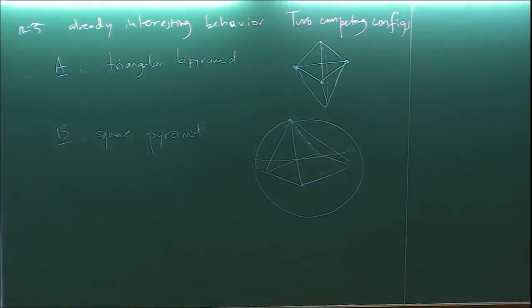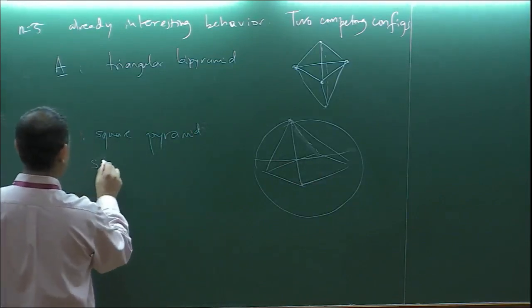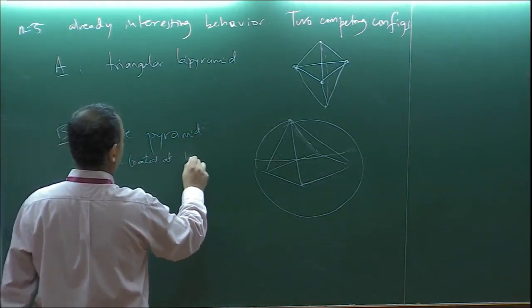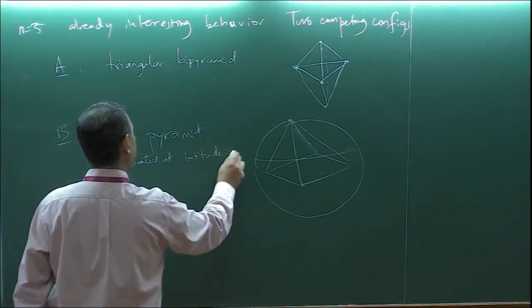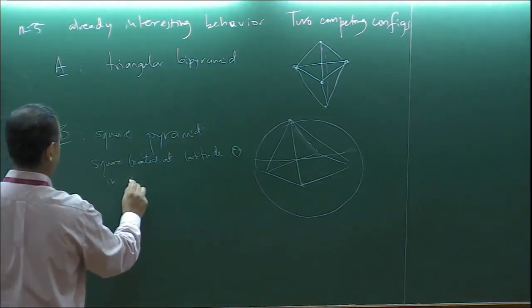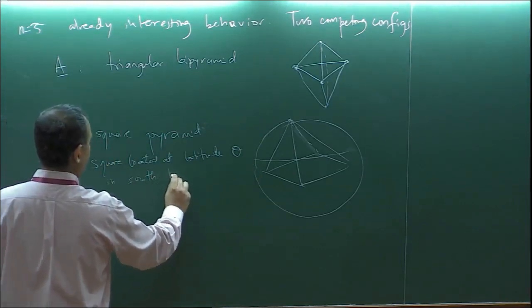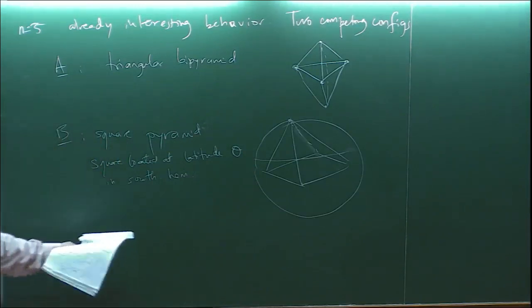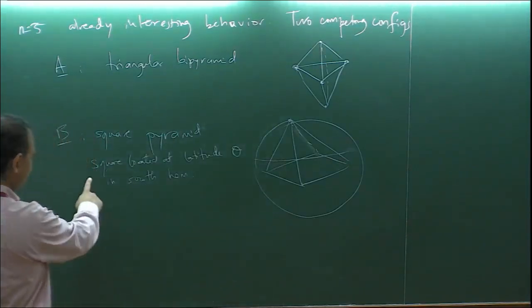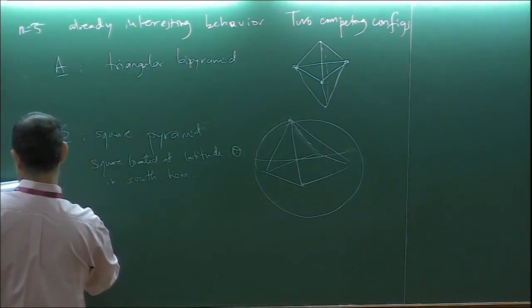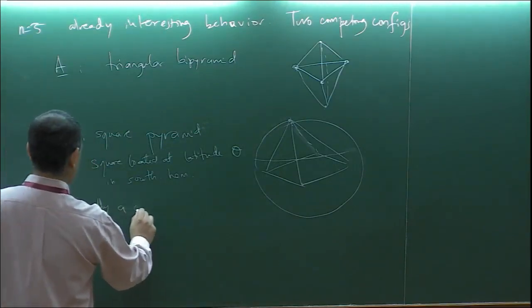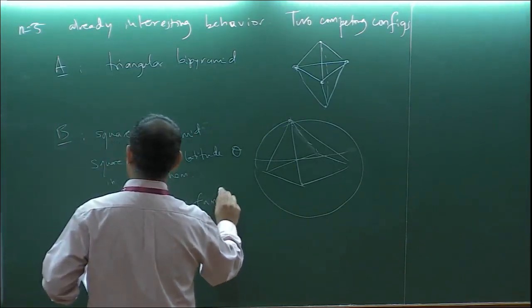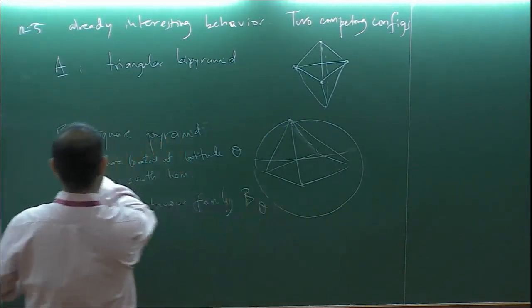Okay, and the North Pole. So that's 5 points, and that's a competing configuration. And this is actually a family of configurations, a continuous family, B sub theta, let's say.